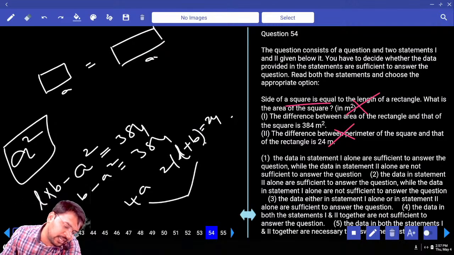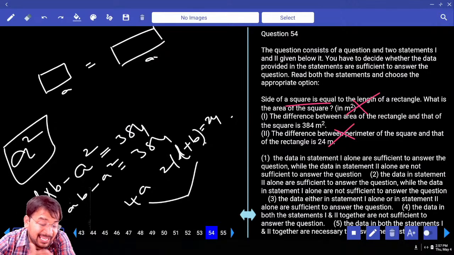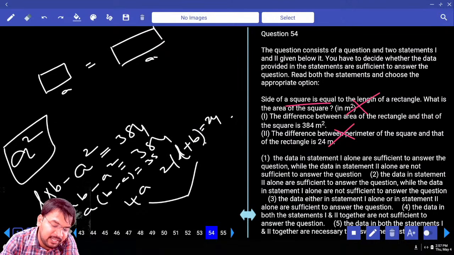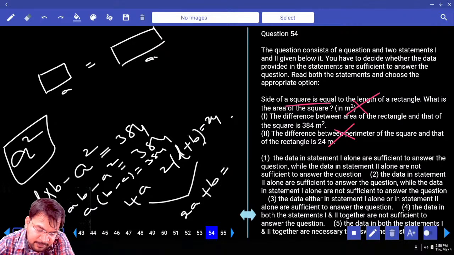If you check together, first of all here we don't know the breadth of the rectangle. If you take A common also here, what do you get? A times (B minus A) is equal to 384. Here 2 times (A plus B) is equal to how much? 2A plus 2B.